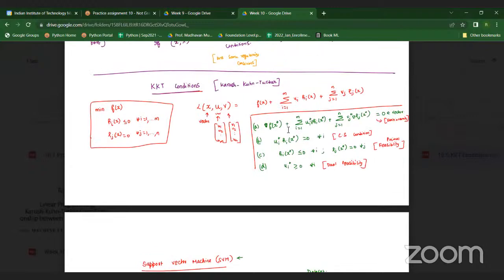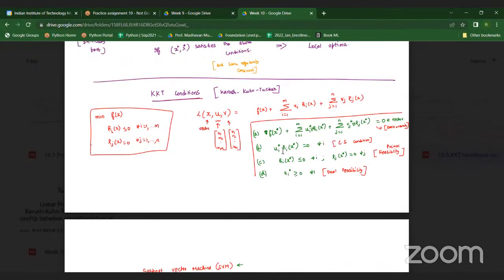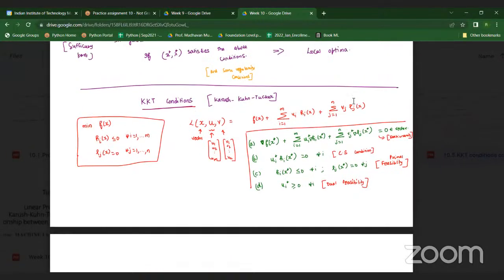The u1 star h1 condition is not applicable to us because we do not have an inequality condition. We just have the equality condition, and for us the vj could be any value. We'll find the vj value using the first condition itself: we can use the gradient equals 0 condition and then find it. Okay, so let's do that.